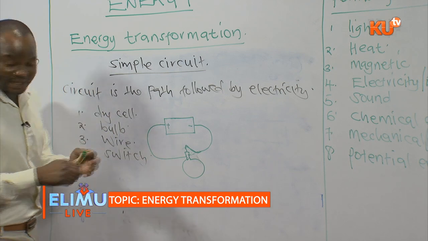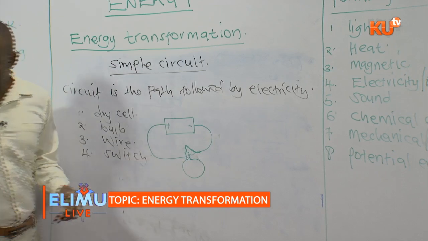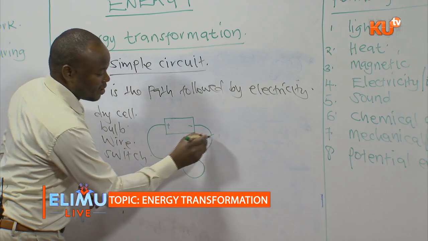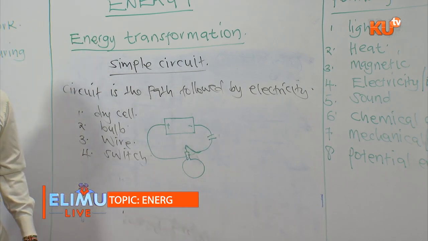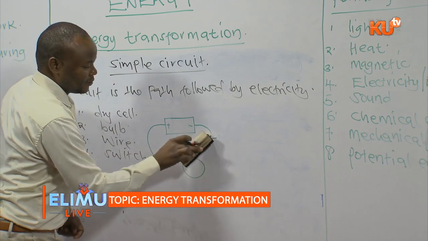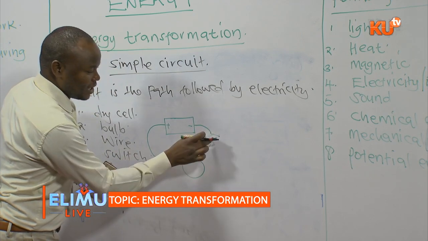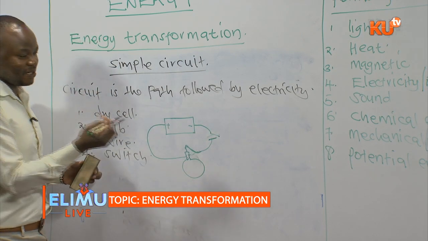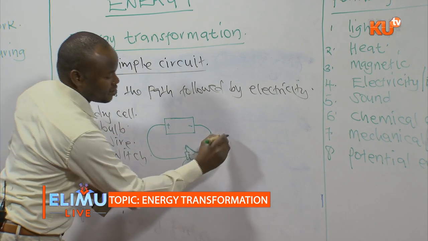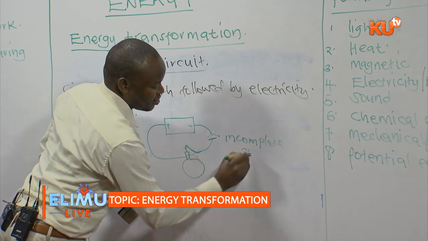But there is a place where we can also have a switch. That is my switch. If you open this one, you will make it incomplete. So this one is what you call an incomplete circuit.